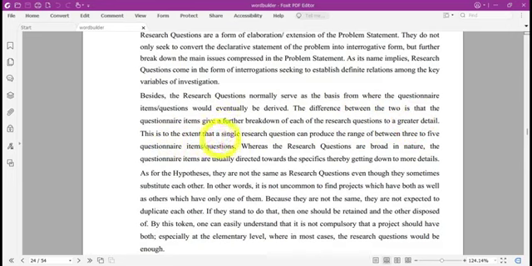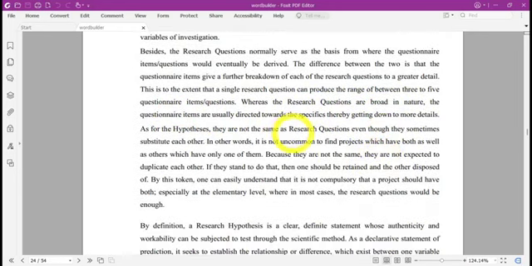This is to the extent that a single research question can produce between 3 to 5 questionnaire items or questions. Whereas the research questions are broad in nature, the questionnaire items are usually directed towards the specifics, thereby getting down to more details. That is really breaking it down.